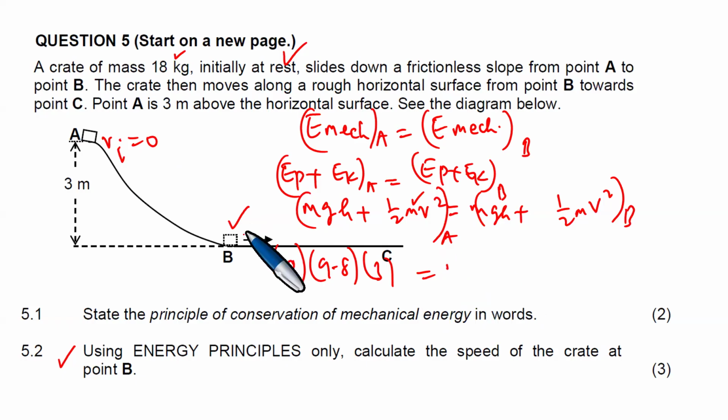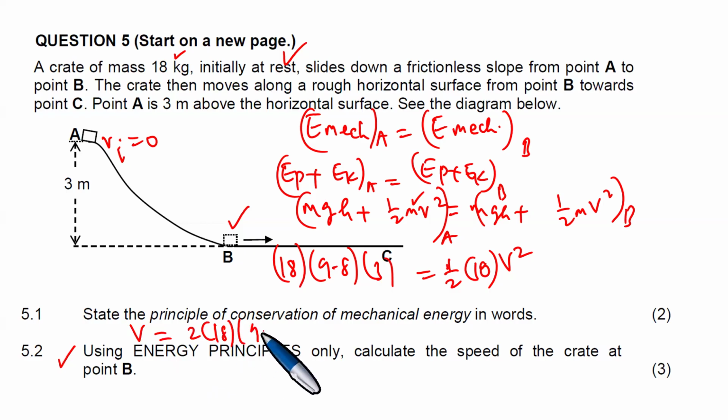Then you have here, there's no height, so you have half the mass, still 18, v squared. So you multiply everything, and then v is 2 by 18 by 9.8 by 3, square root.